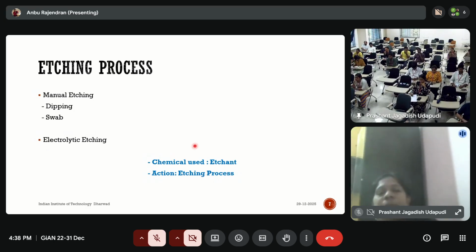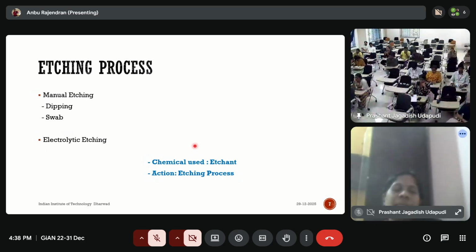Every etching process requires a certain time. Beyond the optimum time, the chemical will react more than required, the reaction will happen throughout the sample, and your features will be hidden. That will end up with some corrosion product from the reaction between the chemical and the sample.